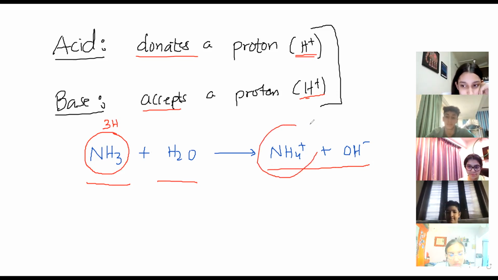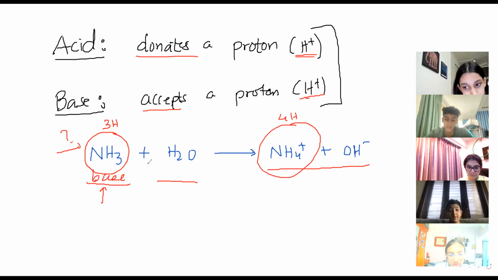How many hydrogens does this have? 4. So what has this done? Accepted. It has received a proton, right? So according to the definition, what is the behavior of ammonia? As a base.